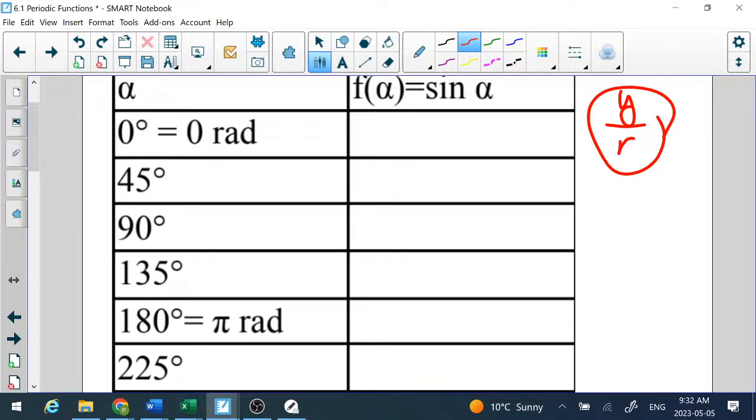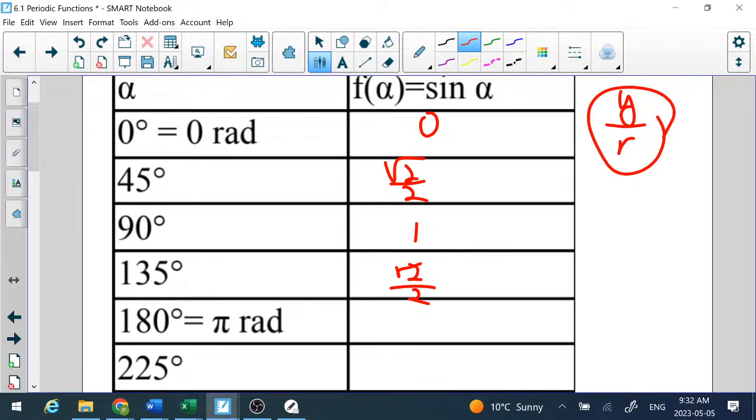Check it. What's the y coordinate at 0 degrees? 0 over 1. What's the y coordinate at 45? Root 2 over 2. What's the y coordinate at 90 degrees? 1 over 1. What's the y coordinate at 135? Root 2 over 2 divided by 1, so it doesn't change.